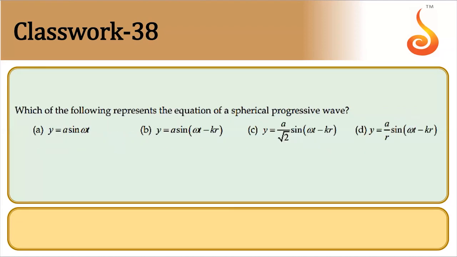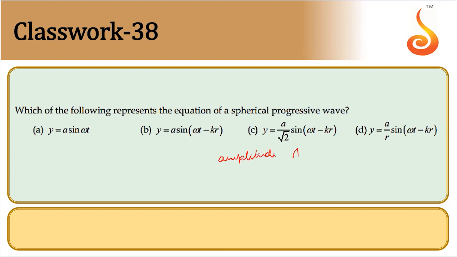Which of the following represents the equation of a spherical progressive wave? So in case of a spherical progressive wave, amplitude is not constant.